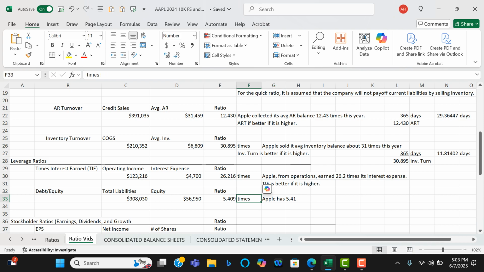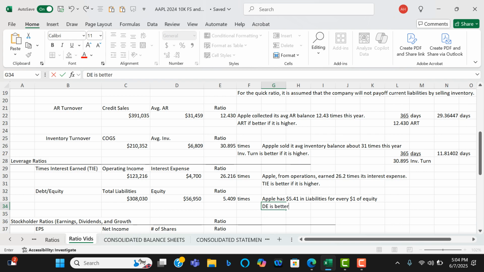You could say this: Apple has $5.41 in liabilities for every $1 of equity. This is one interpretation. Okay, and the debt to equity ratio is better if it is lower.